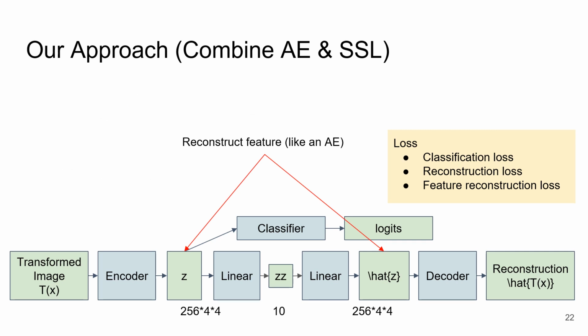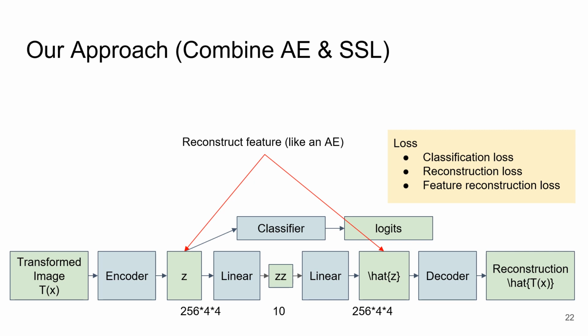And on the bottom is our model architecture. We use 3 loss functions. First is classification loss, to train the classifier to predict transformations. The second one is reconstruction loss, to train the autoencoder to reconstruct T of X, the transformed image.